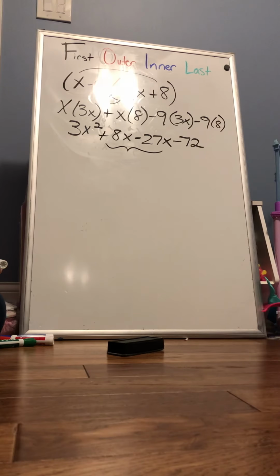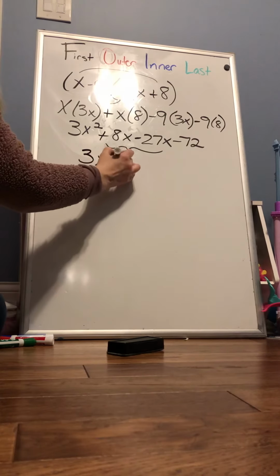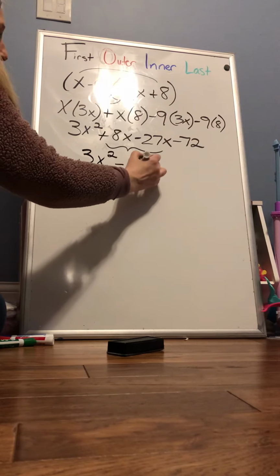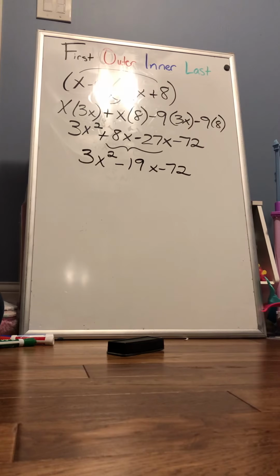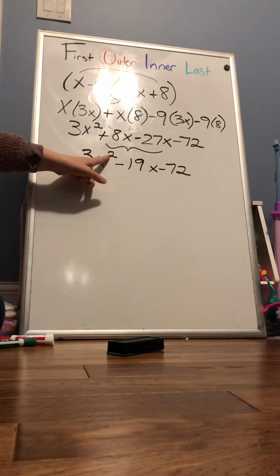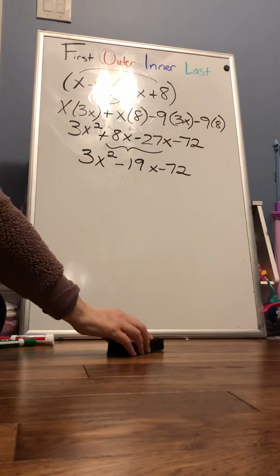The middle term is going to be like terms, which you can combine. So we have 8x minus 27x, which would leave us with 3x squared minus 19x minus 72. And once again, we have a quadratic trinomial. All right, one more.